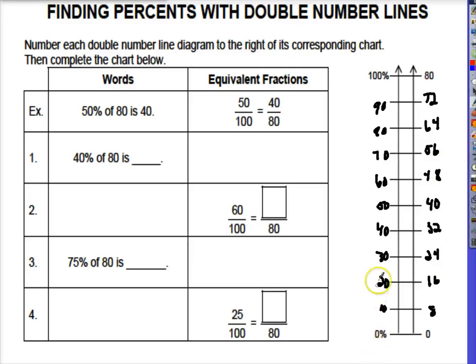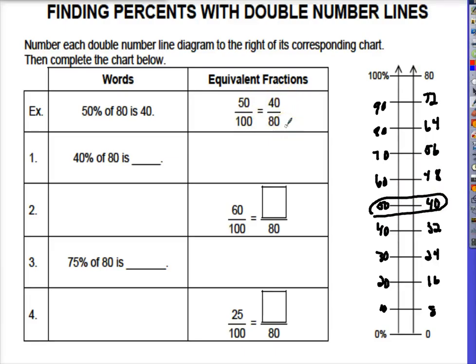I have my percents in increments of 10. 50% of 80 is 40. Sure enough, when I look at my double number line, 50% of 80, this is the full amount, is 40. So 50 100ths equals 40 80ths.